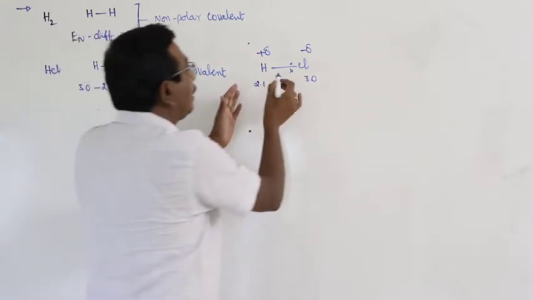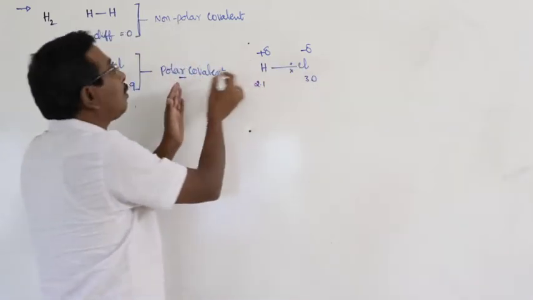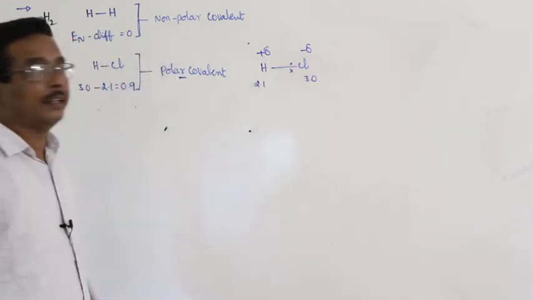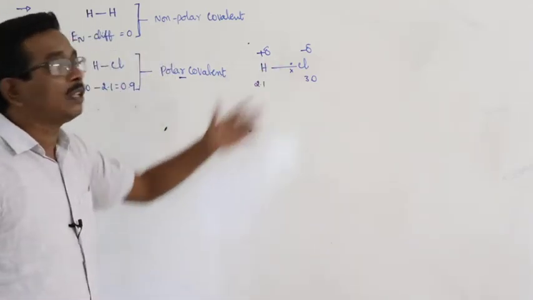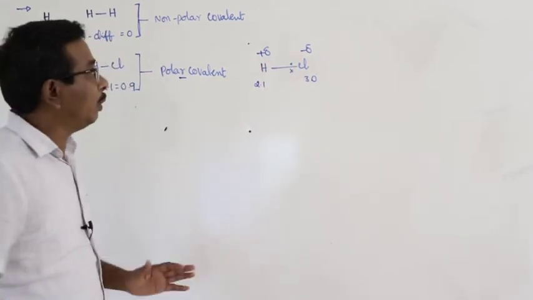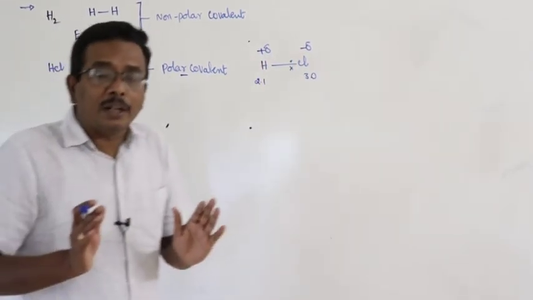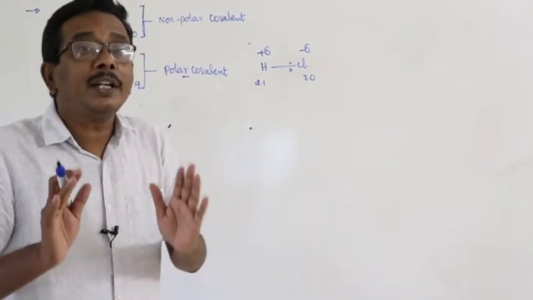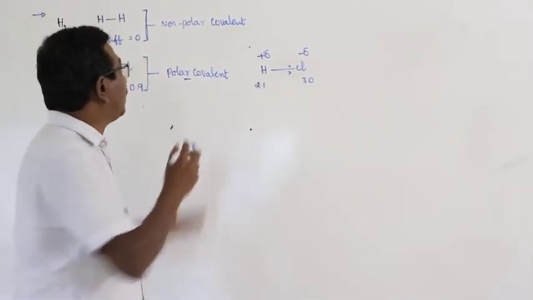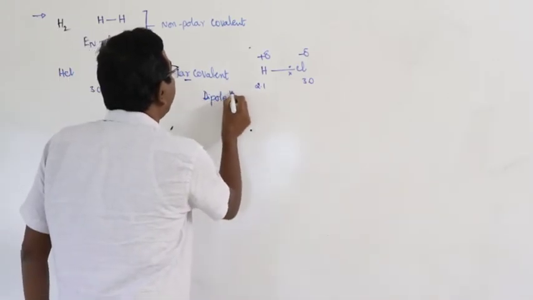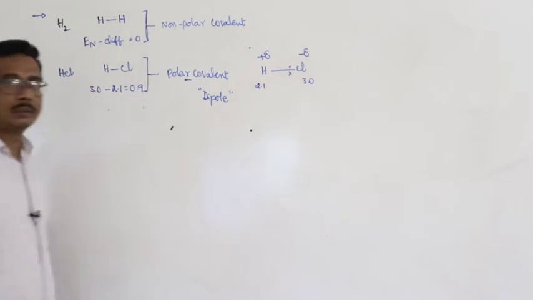And here in this polar covalent compound, oppositely charged partial charges appear on both hydrogen and chlorine atoms. These are partial charges. Now, a covalent bond or a diatomic molecule with partial opposite charges is said to be dipole.